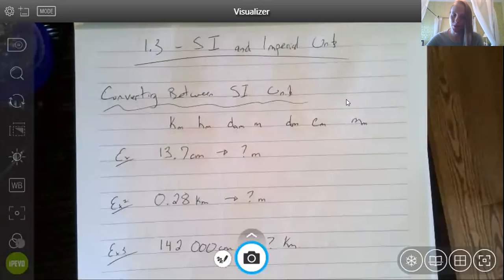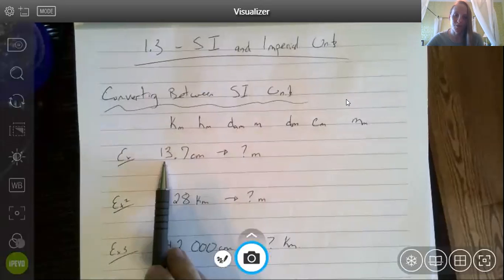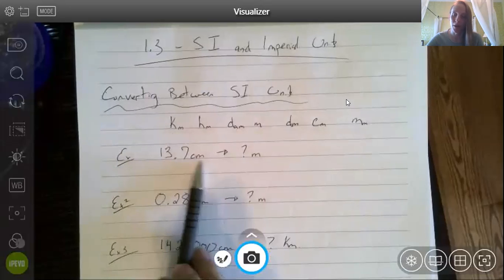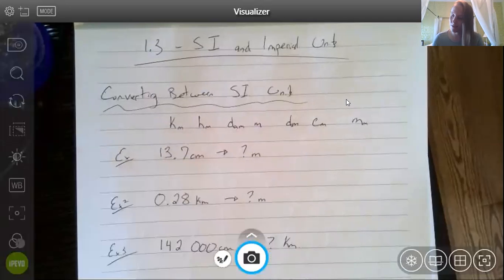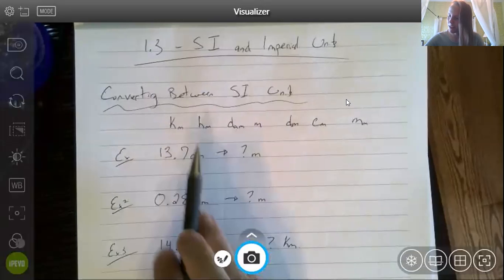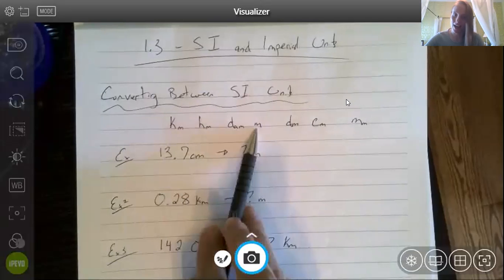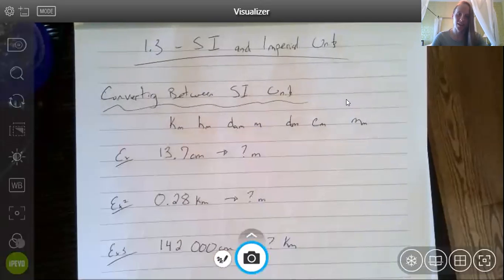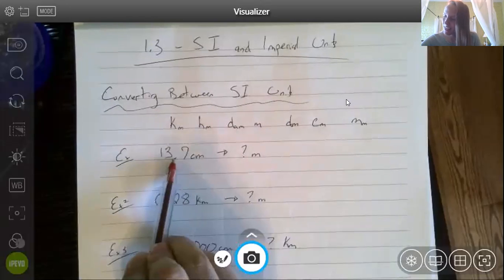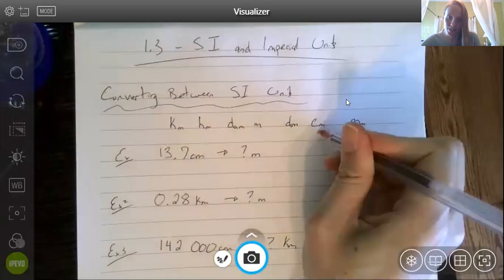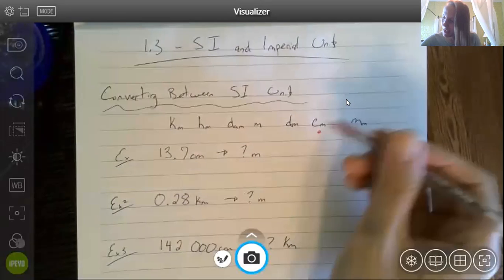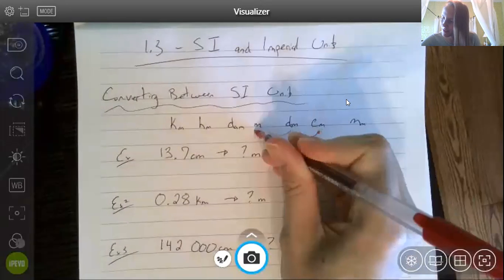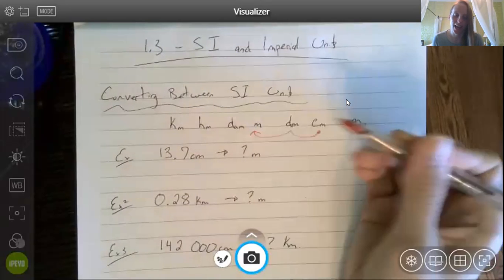In this first example here, I have 13.7 centimeters. I want to know how many meters that is. So the way I do this is I write out my King Henry drank milk during Christmas Mass, and then I start with whatever unit I'm given. So in this case, centimeters. I'm just going to start there, and then I'm going to move to meters. So to do that, I have to move 2 spots to the left.